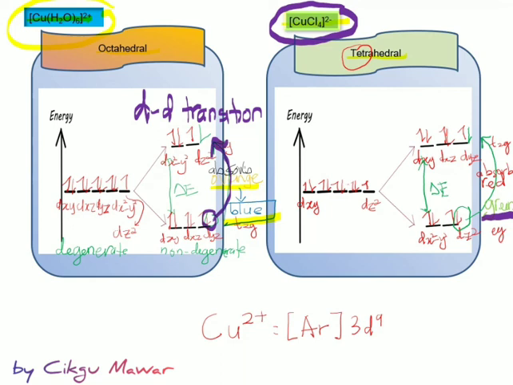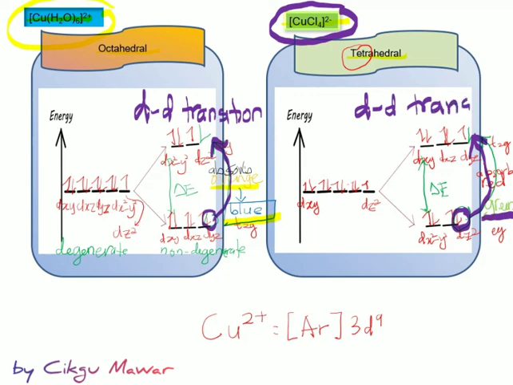This is because of the transition that occurs. So what is the name of this kind of excitation? When an electron from the lower energy level is excited to the higher energy level, we call that the d-d transition.